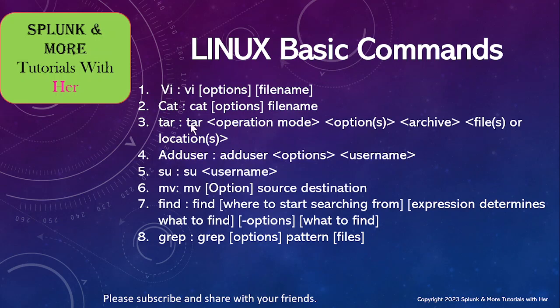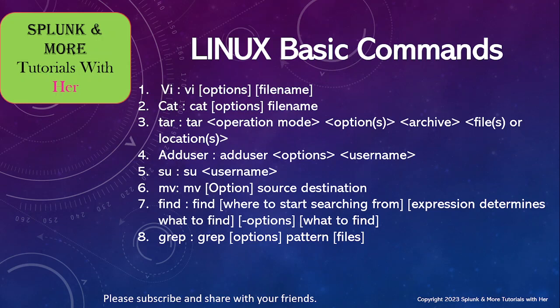So these are the two operation modes only available. Now the second thing is options. Options modify the operation mode and are not necessary. They're not required. You can put them if you want to manipulate the operation mode in some way, and there is no limit on the number of options. You can use multiple options together also.